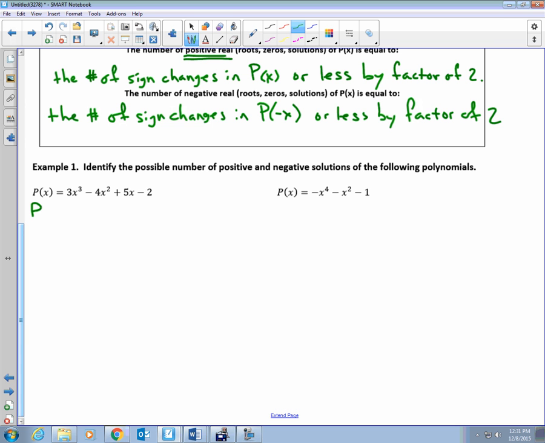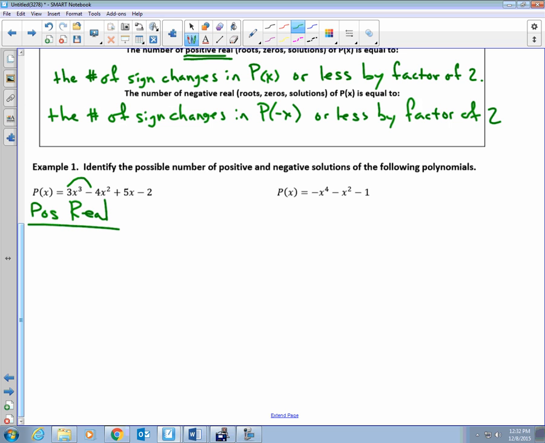And I'm going to identify the number of positive real solutions. Okay? So you look at the coefficients. Is the first coefficient positive or negative? It's positive. It's positive 3, correct? Does it stay positive when you move to the next one, or does it change to negative? It changes. So therefore, you can see here that there is one sign change.